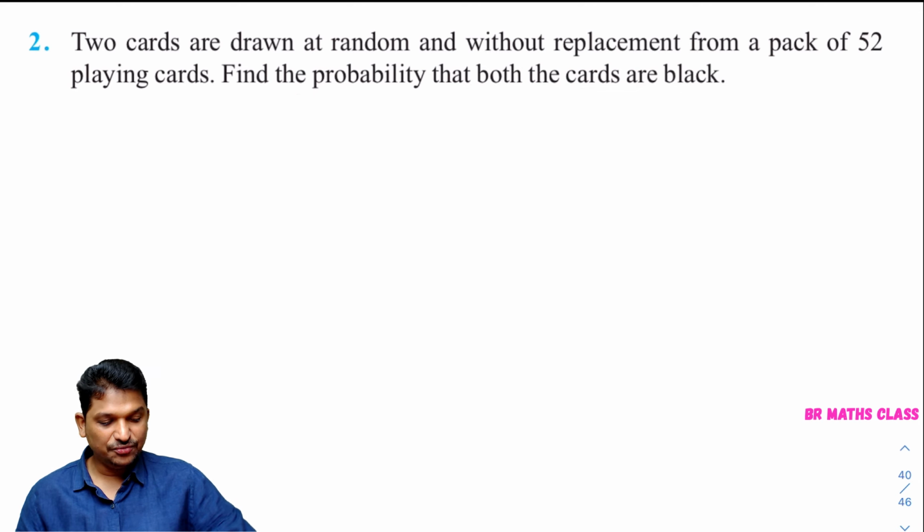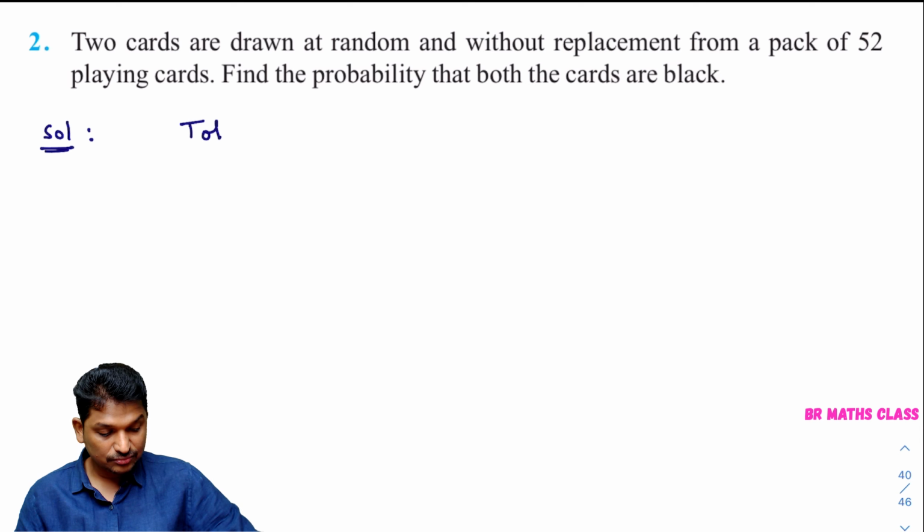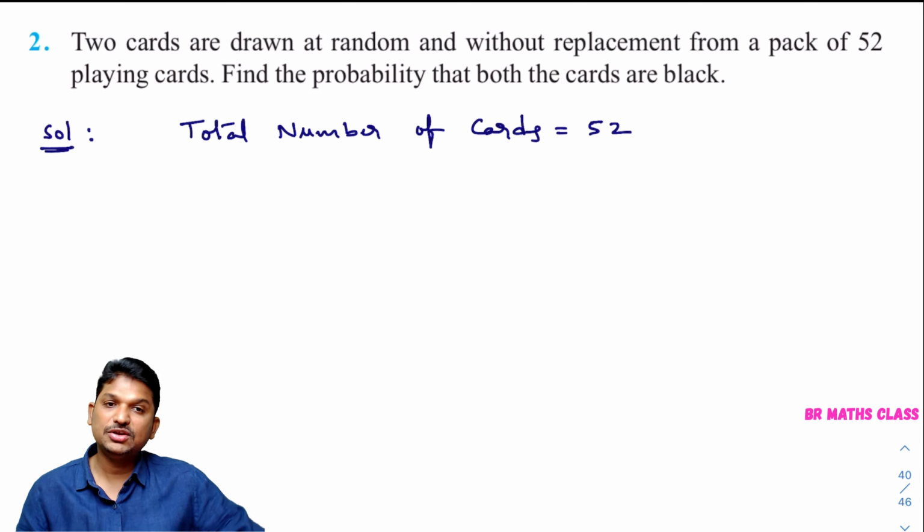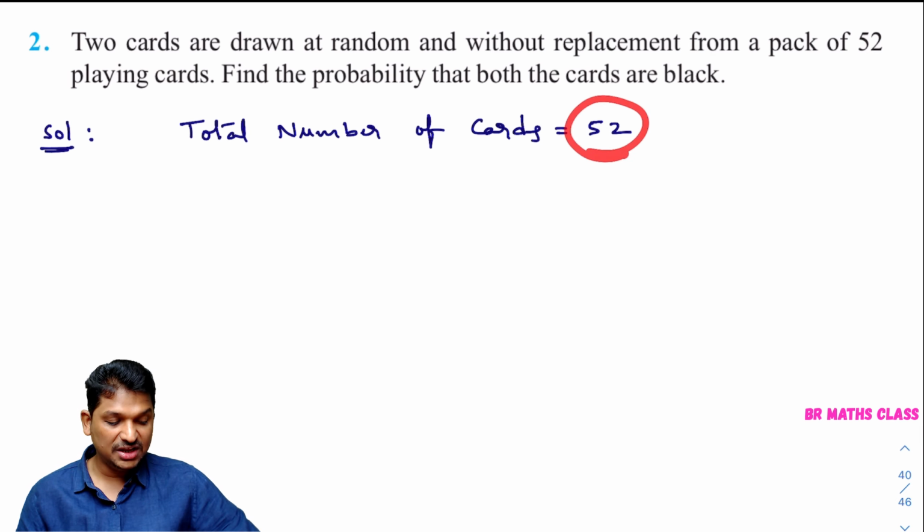So first, I'll write what I know about playing cards. The total number of playing cards is 52. In these 52 playing cards, you need to know how many are red and how many are black, because the question is related to black.